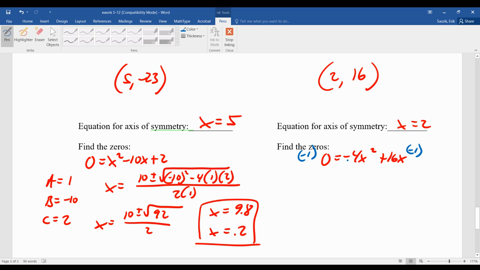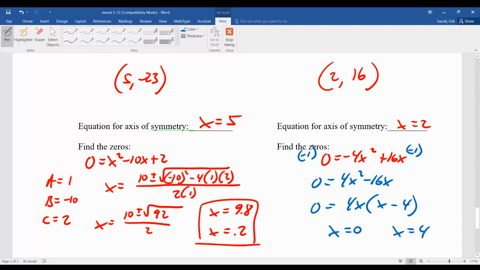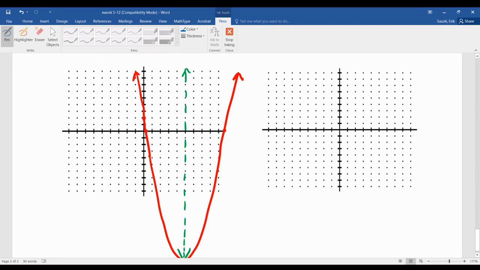That way this leading coefficient is going to be positive. So I get 4x squared minus 16x. Take out the GCF, and Shazam, x equals 0, x equals 4. 1, 2, 3, 4. There's the 0.